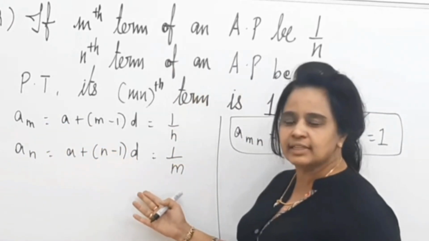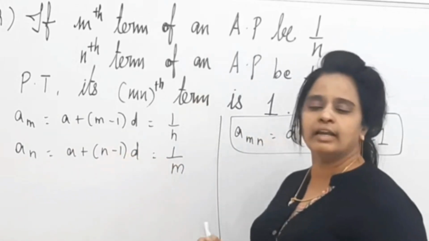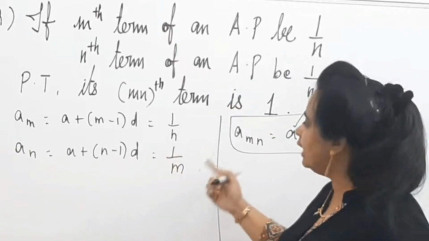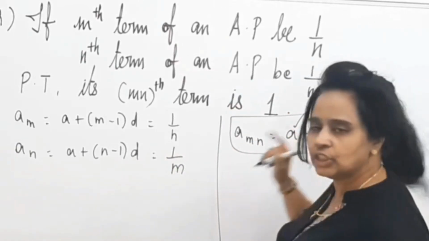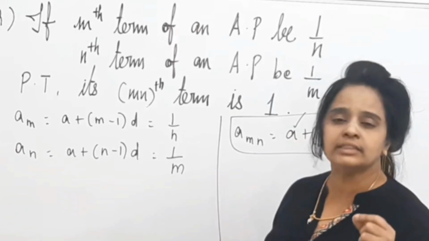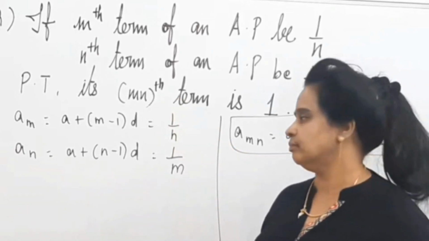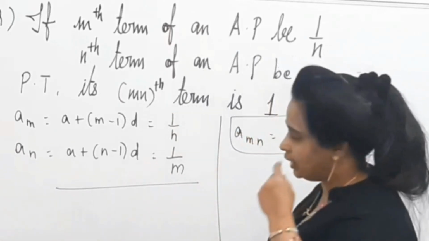I will use the elimination method of linear equations, and then I would find either a or d, and then with that I will find the other variable and go and substitute in the asked equation, that is in the mnth term.